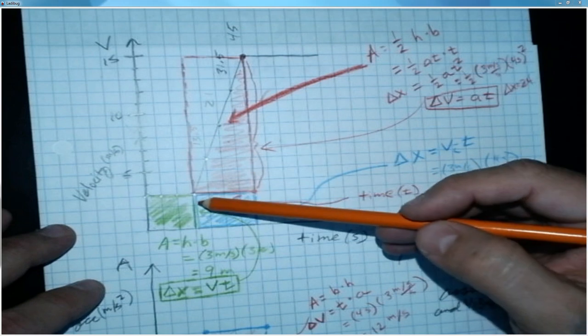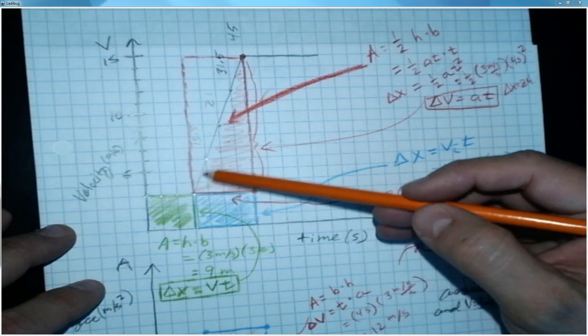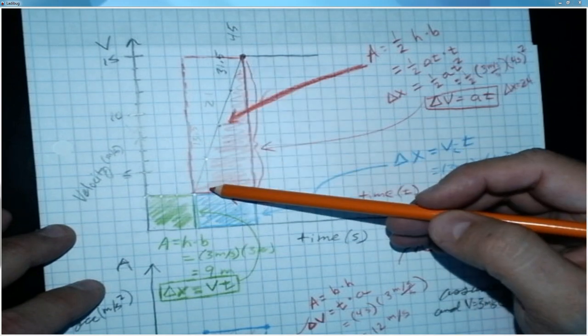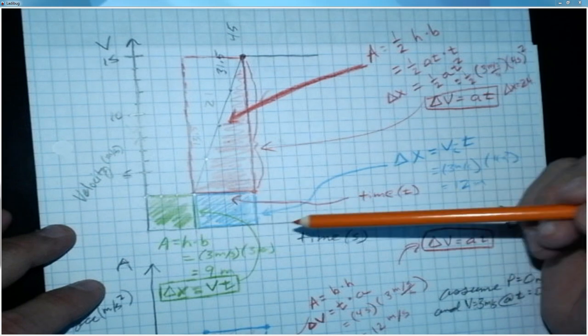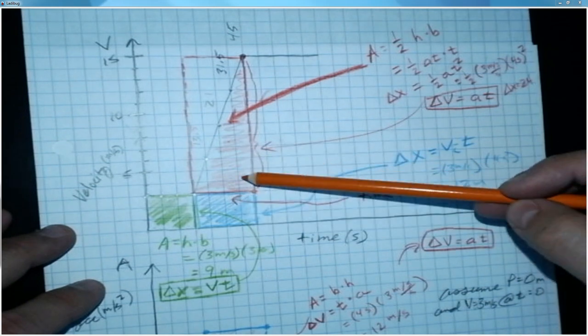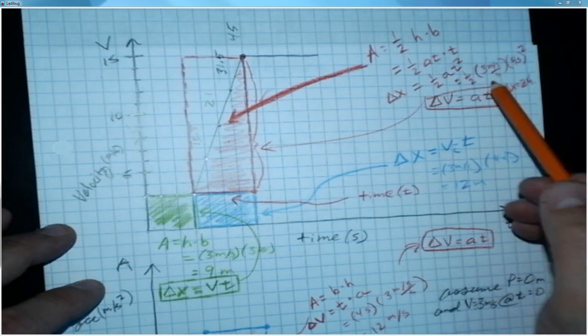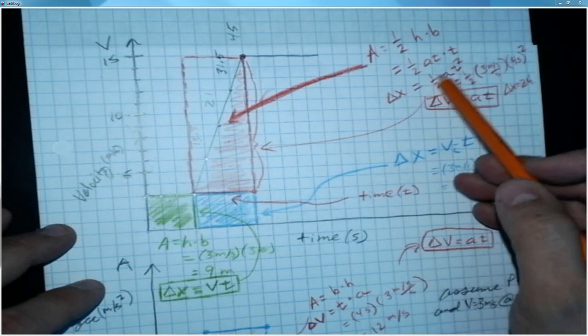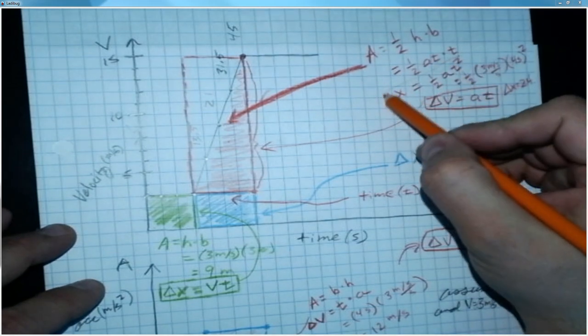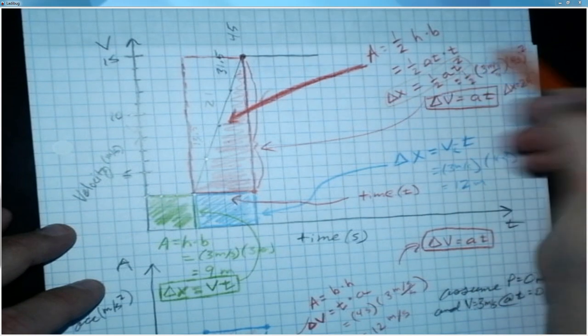But then the car actually accelerates. So how do we find the actual distance it goes? The additional distance it goes because it speeds up is x equal to 1/2 at squared.